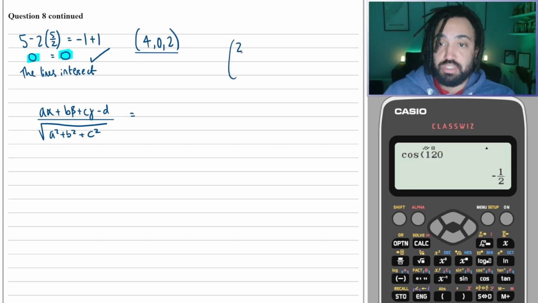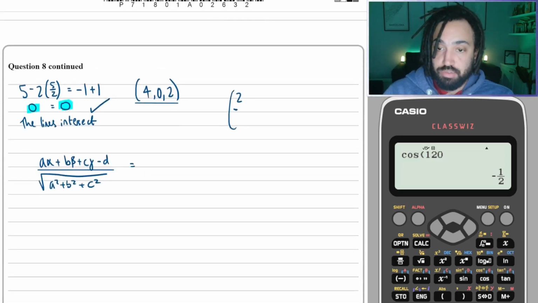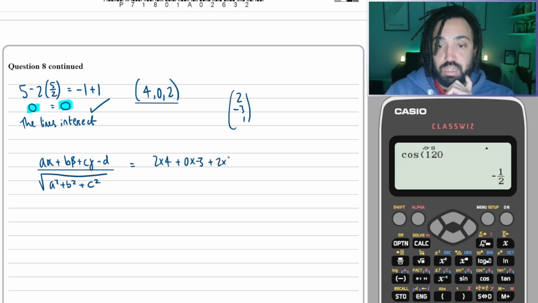So just remind myself of that, it was 2, minus 3, 1. So I'm going to multiply those together. So I get 2 times 4, plus 0 times minus 3, and plus 2 times 1.